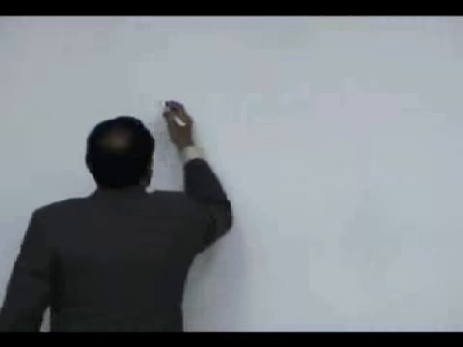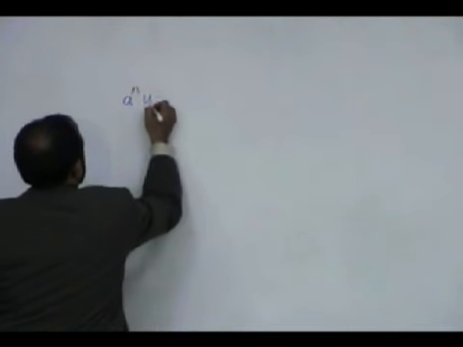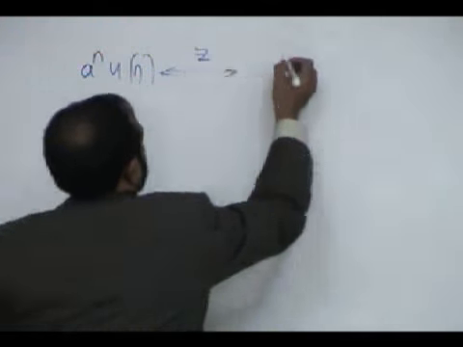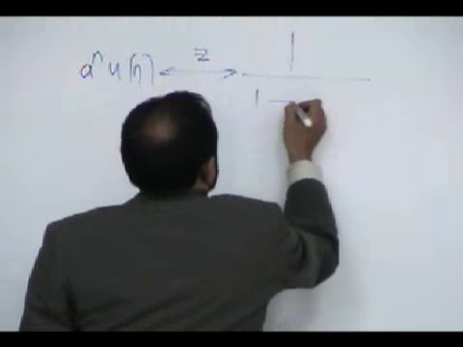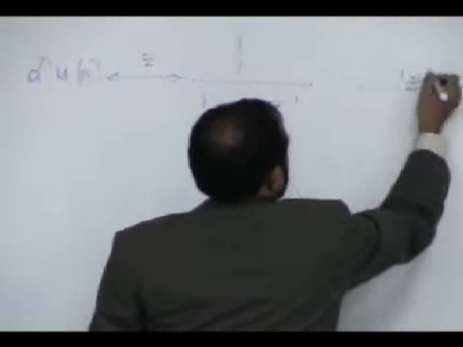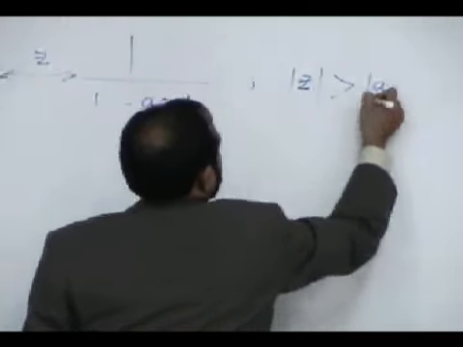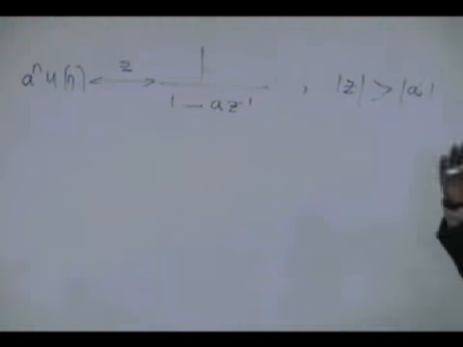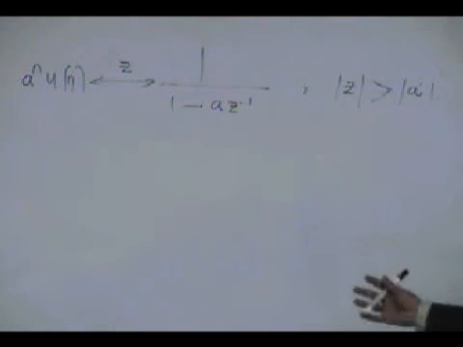So the issue is that if you take the z transform of a to the n, u of n, it is 1 over 1 minus a z inverse, where the magnitude of z must be greater than the magnitude of a. This is the region of convergence. If a is 2, outside 2. If a is 3, outside 3. If a is 0.9, outside 0.9.